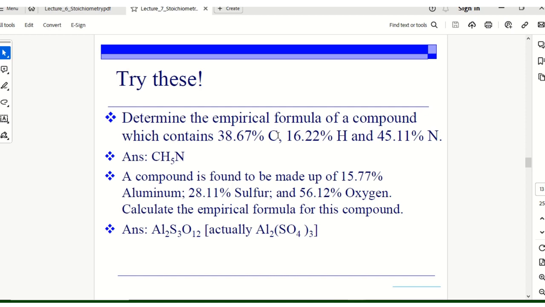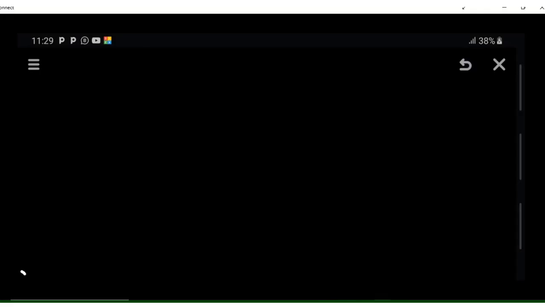So you just have to know the process, how you can do that, and arrive at the right answer with the right procedure. So here I show you how to do that.